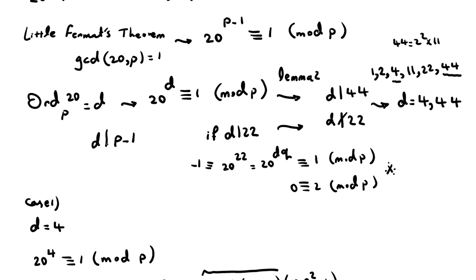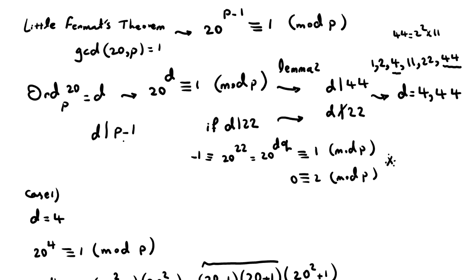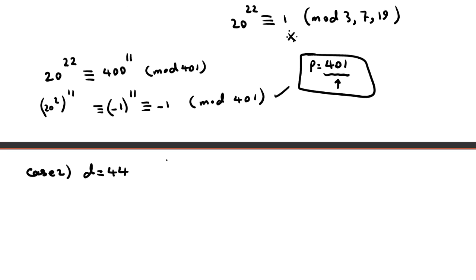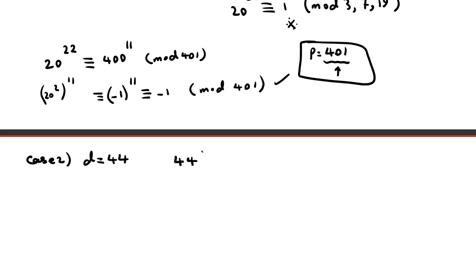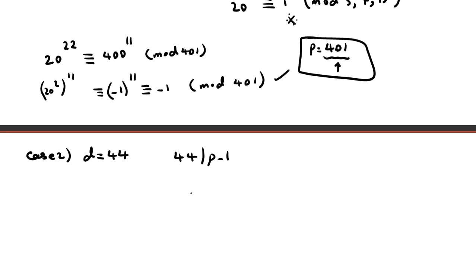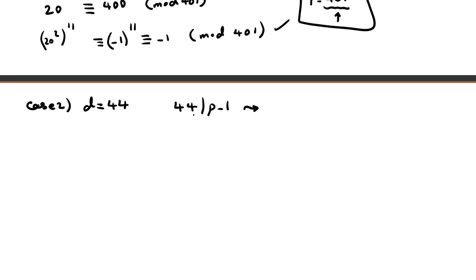So D divides P minus 1. We use this, and here we say, okay, in this case 44 divides P minus 1. It means P minus 1 is a multiple of 44. So P minus 1 is 44 times, for example, q, and we can say P equals 44q plus 1.